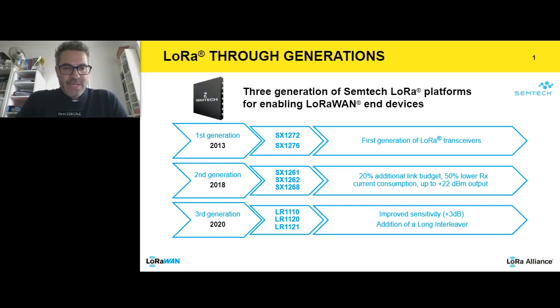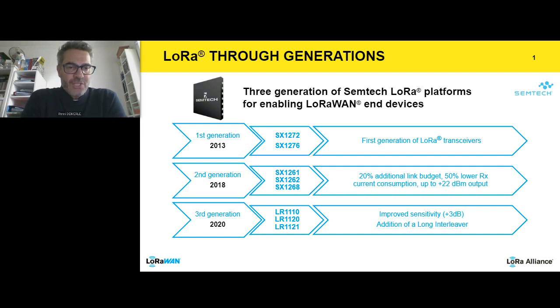The US uses 915 megahertz, and you must use the 1276, for example. That's why you have different products to support different regions. There is already very good sensitivity with minus 137 dBm, which combined with a power amplifier of plus 20 dBm gives a link budget of 157 dB.